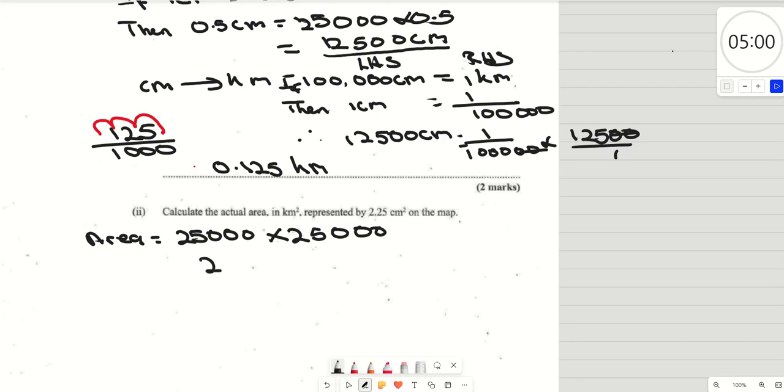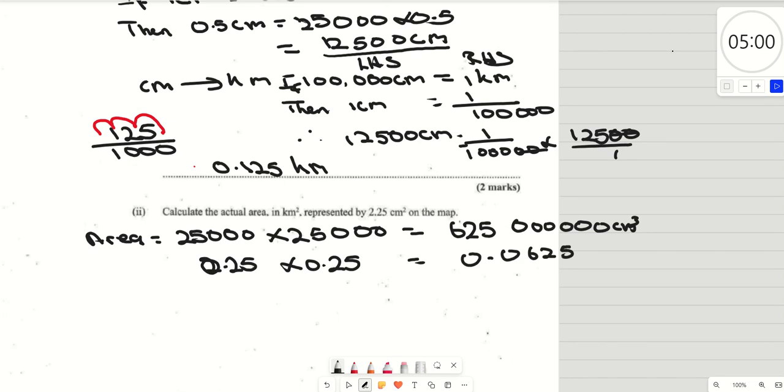So it'll be 0.25 multiplied by 0.25. So the area of the map is either you could say 625 million centimeters squared, or you can say 0.0625 kilometers squared.